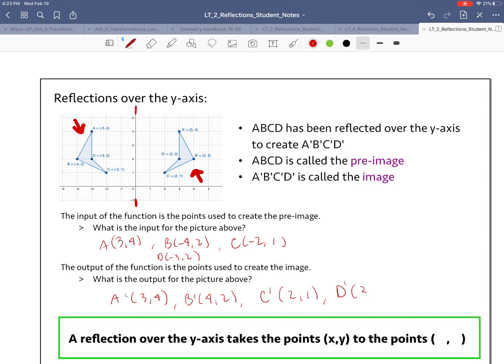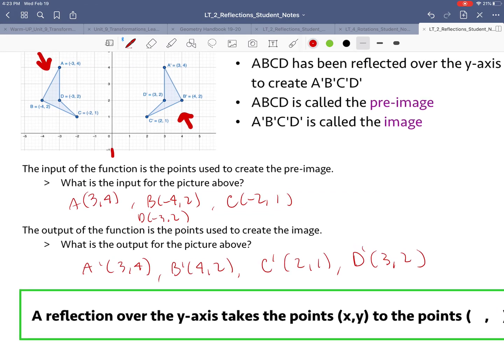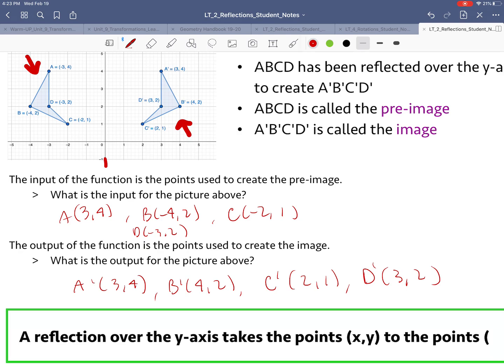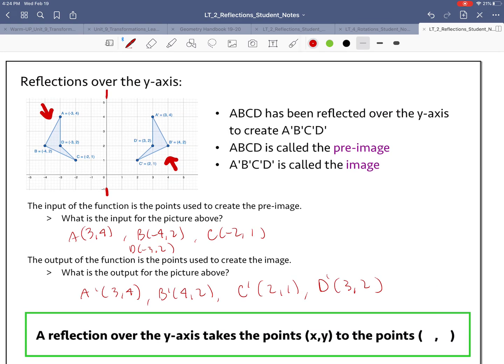And D prime 3, 2. So then take a look at those, pause the video, and try to think, what is changing about these coordinates? What's different from the input to the output? And how could we write that as a rule?